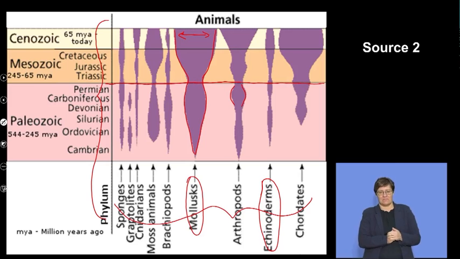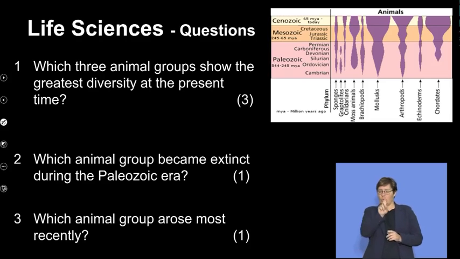Now, what can you be expected to extract from a diagram like this? So let's have a look at the questions which could be asked. Okay, first of all, simple reading off the graph. Which three animal groups show the greatest diversity at the present time?